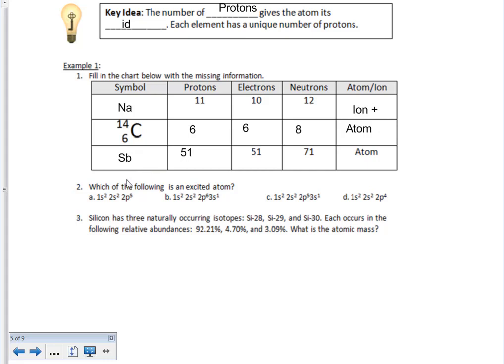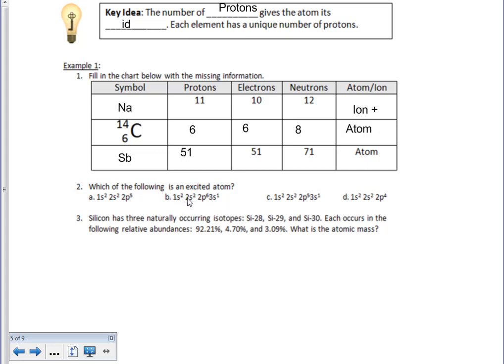Next thing, for question number 2, I want you to look at the following and tell me which one is excited. So you're looking for the incorrect or a skipped fill order. When we're looking at fill order, we know that it goes 1s2, 2s2, 2p6 as the maximum before we go on. So we have 2 electrons in our first principal energy level, and we have 7 in our second. No skipping here. If you look at choice B, you have 1s2, 2s2, 2p6, 3s1, which is in a correct fill order.